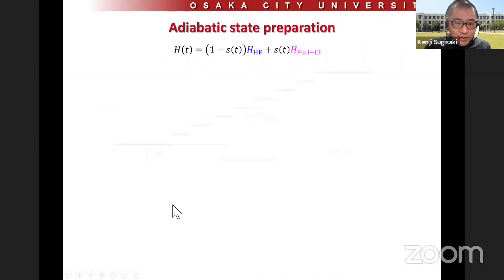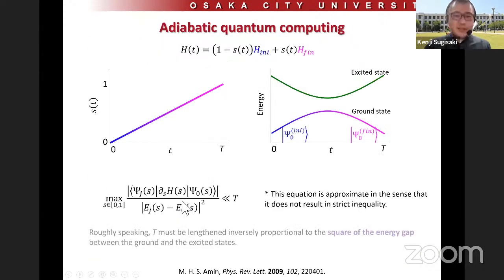Because the Hamiltonian is very different from the previous step, the eigenfunction of the instantaneous Hamiltonian is also different from the previous one. In such cases, this denominator becomes very large, which causes some contamination from the excited state.